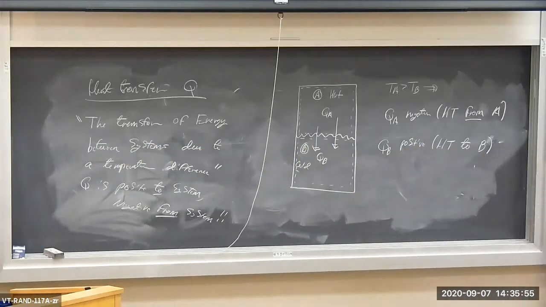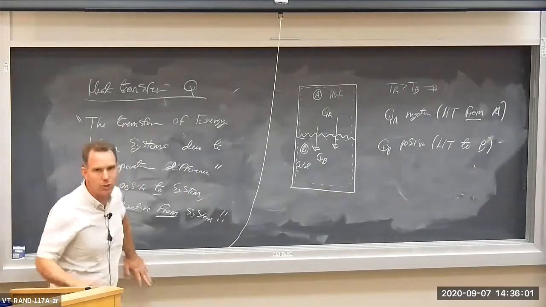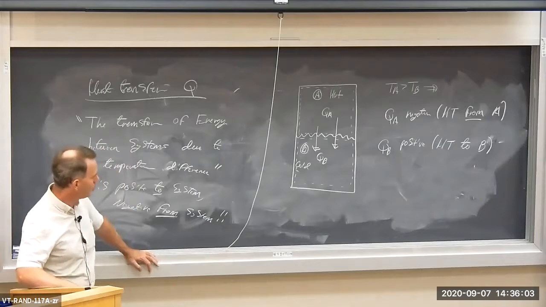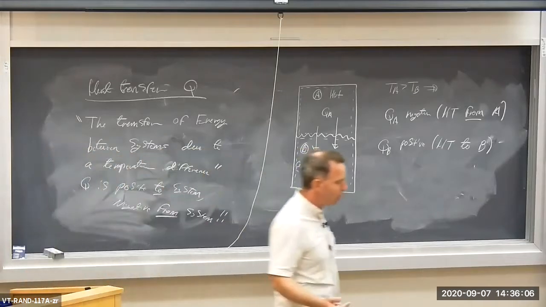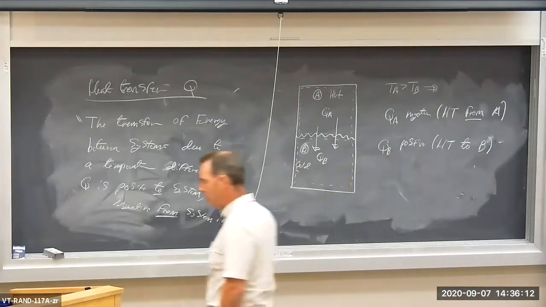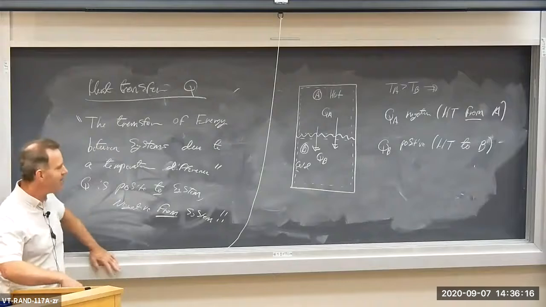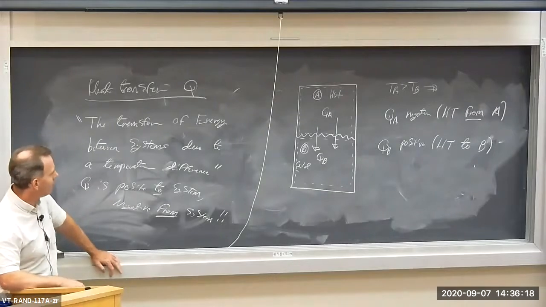Remember boundary work? That was positive when energy left the system in the form of boundary work, or the system did work. Where heat transfer is positive when you're adding heat to the system. So Q is positive when you're adding heat to the system, and is negative when heat or energy is leaving the system or you're extracting heat from the system.